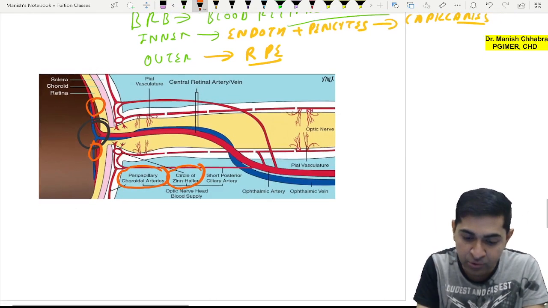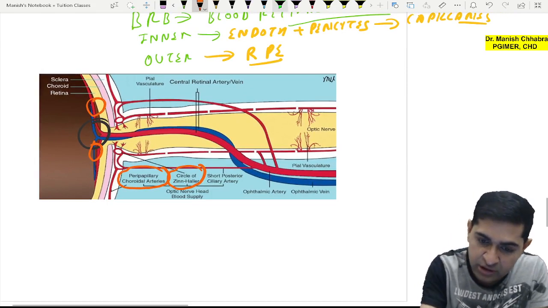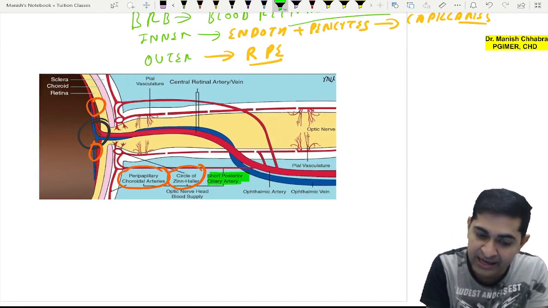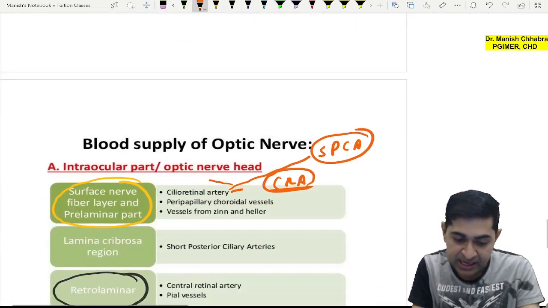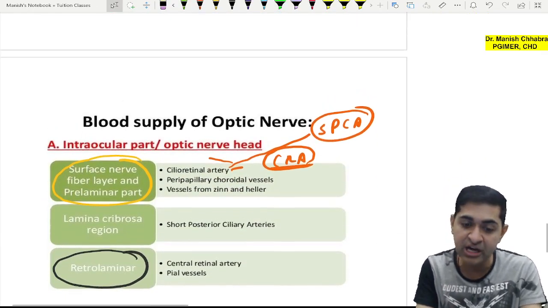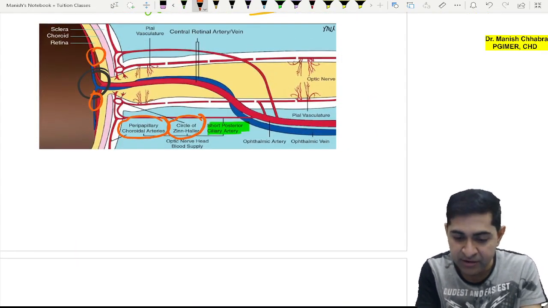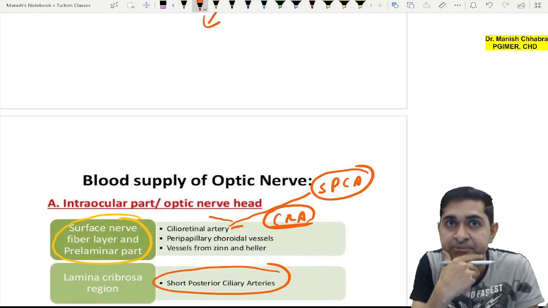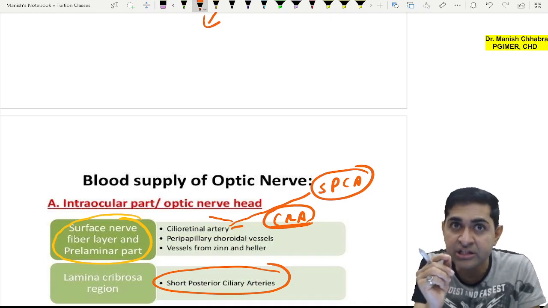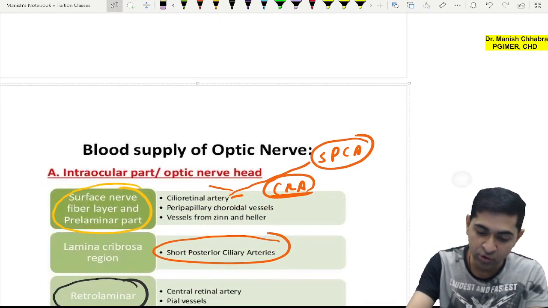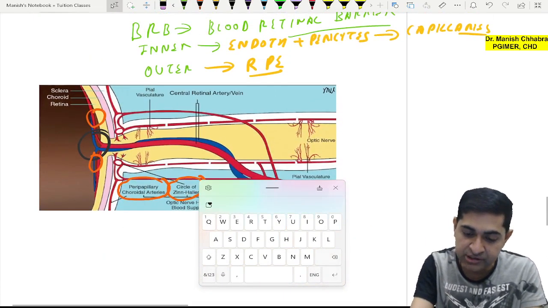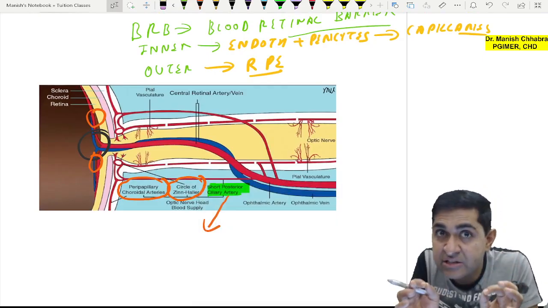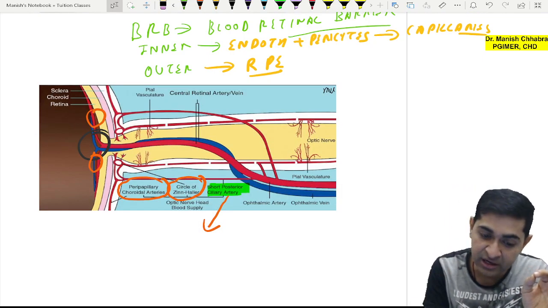Now second, which is lamina cribrosa. You can appreciate this is your short posterior ciliary artery. I'm just highlighting it for you. There is lamina cribrosa, which is again supplied by, which I have just highlighted, the short posterior ciliary artery. And lastly, we have the retrolaminar region, which is supplied by pial vessels as well as the central retinal artery.